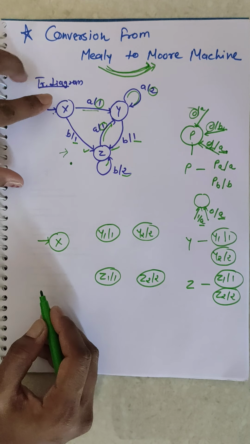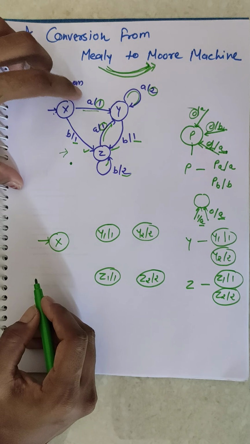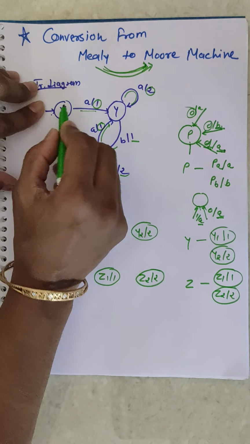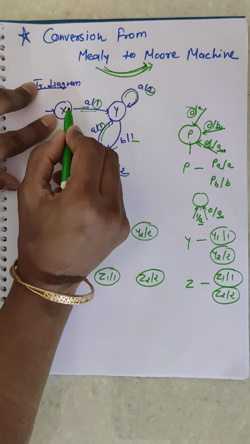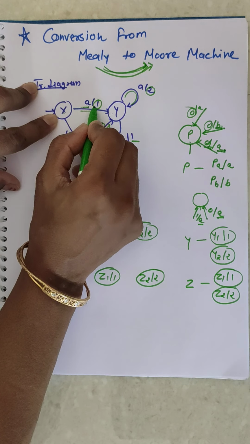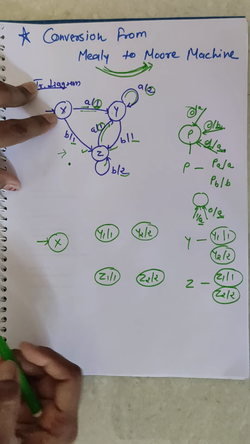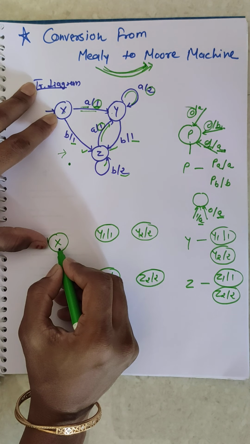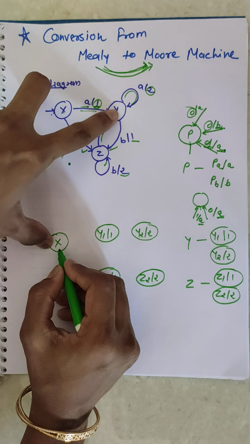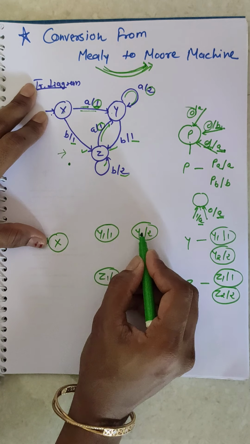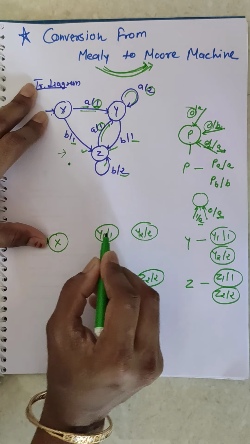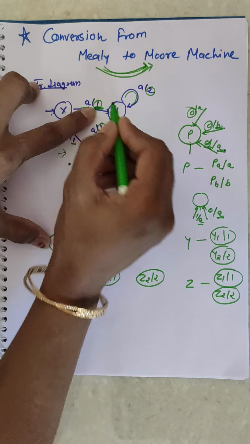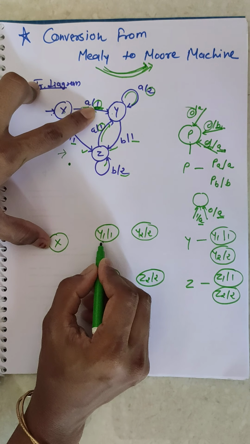So now check. We give the input A. So X to Y. If input is A, we go from X to Y with output 1. So from X, if we give the input A, the output is 1 and we go to Y. But which one? With the output 1, this one.